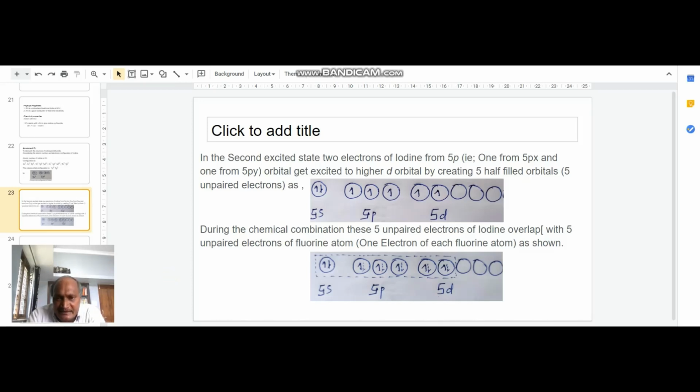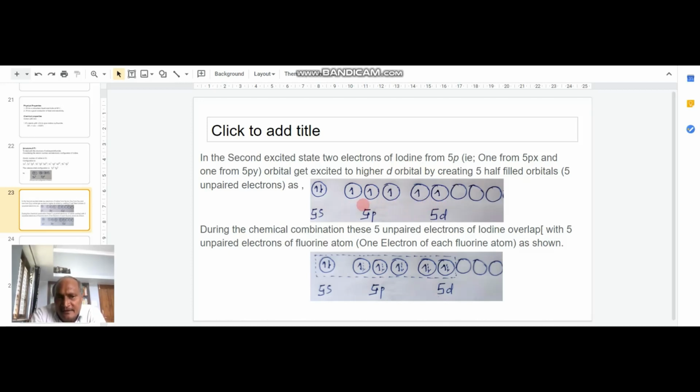So to see this chemical combination, we have to see the configuration of the iodine atom in the excited state. In the excited state, electrons from the 5px and 5py orbitals get excited to the higher d orbital, thereby creating 5 half-filled atomic orbitals, which enables bonding with 5 fluorine atoms.